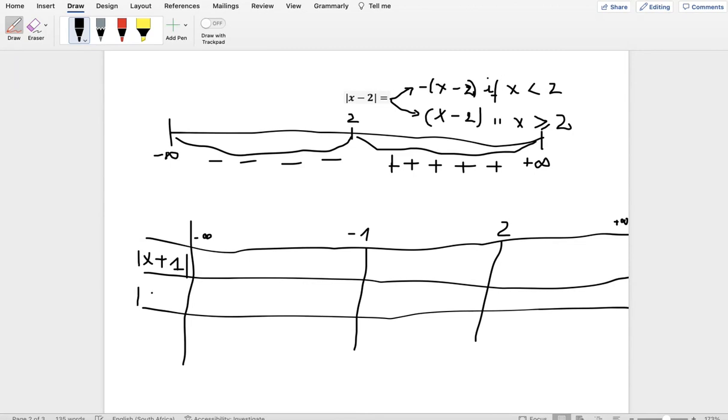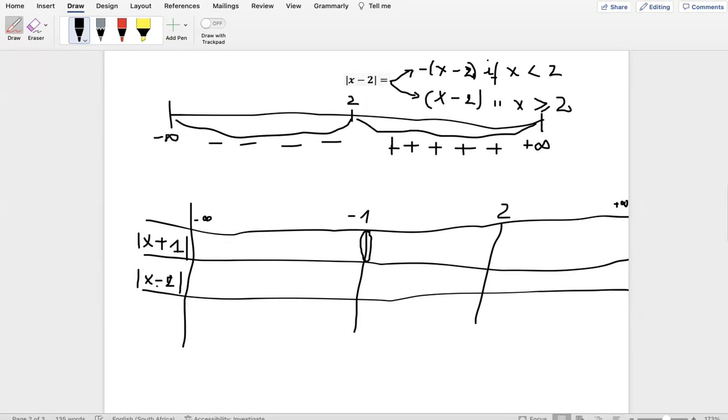And then we have x minus 2. And remember, we said that x plus 1 is equal to 0 at -1. So you put a 0 there. And we said that x minus 2 is equal to 0 at 2. So we put a 0 there, where the two intersect.